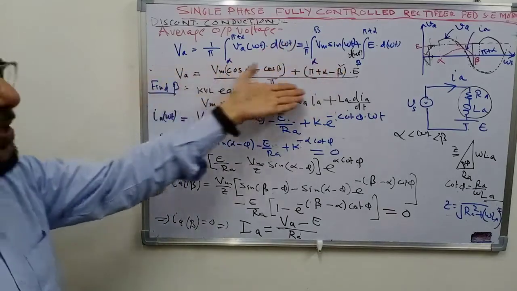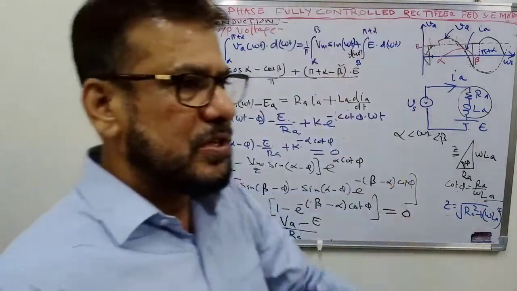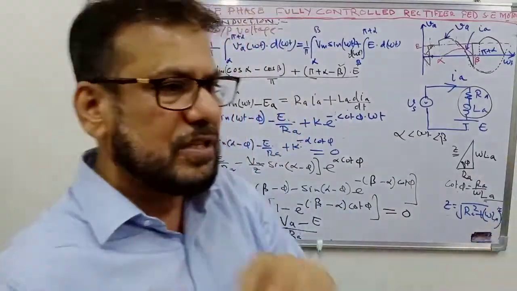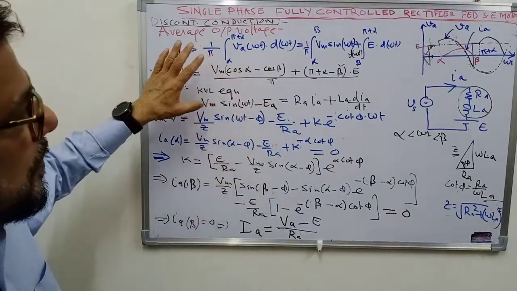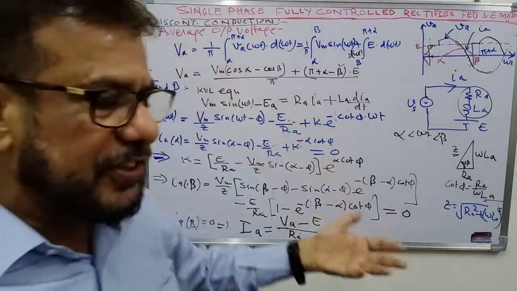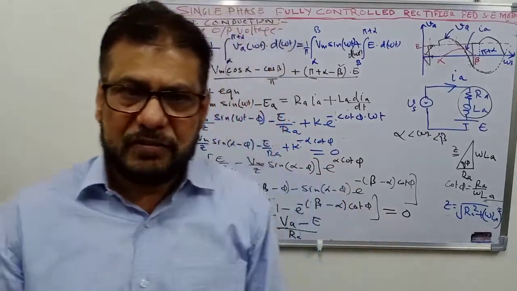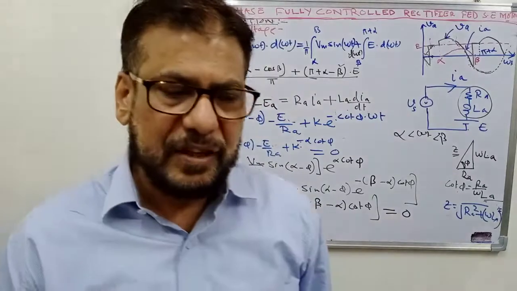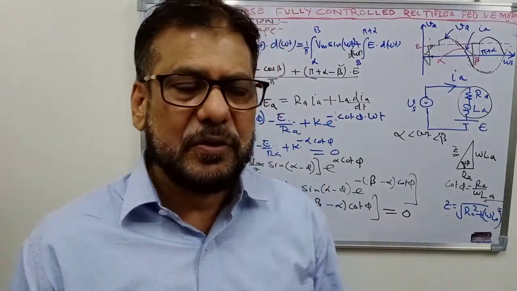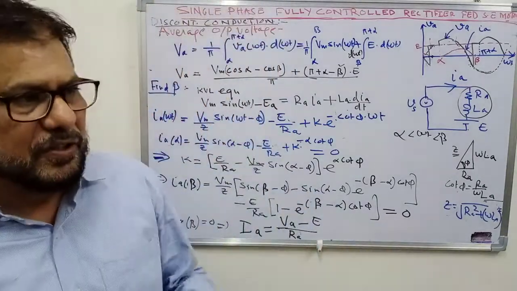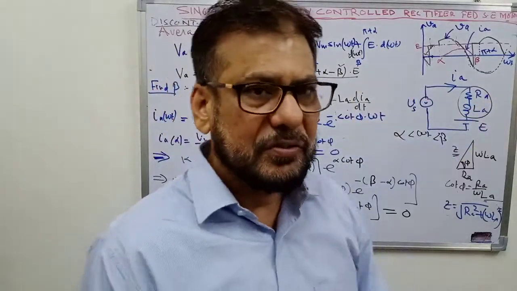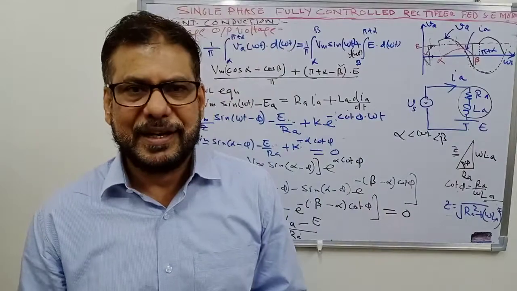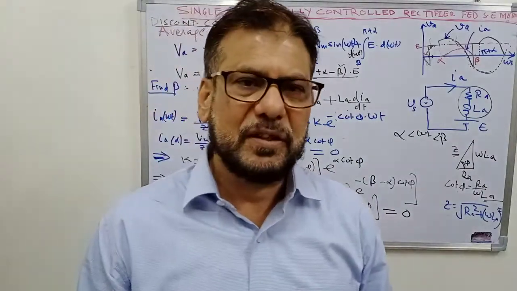Whether you use this equation or the simple equation 2Vm by pi, that equation we derived in the last lecture. So you have to ascertain whether the conduction is continuous or discontinuous, and how to determine or establish that. This we shall discuss in the next lecture. So that is all for today. Thank you.